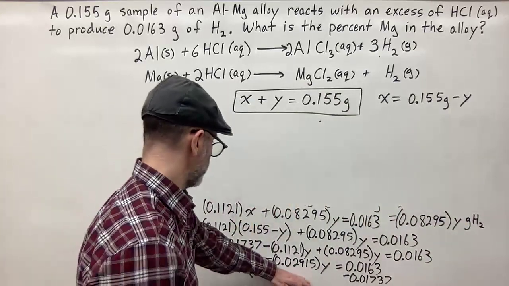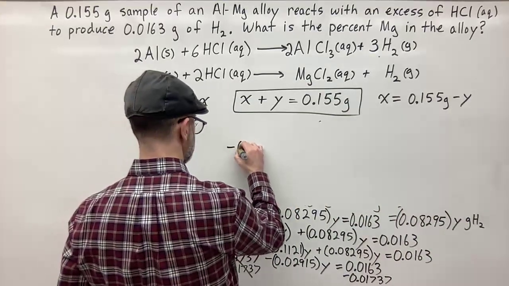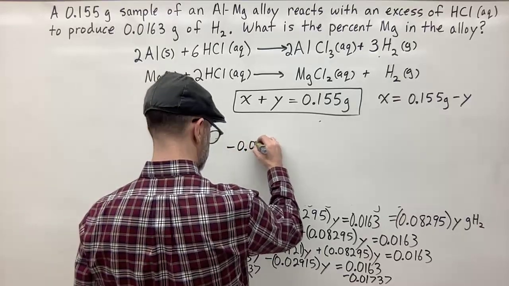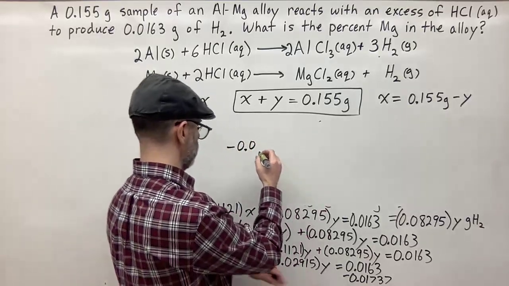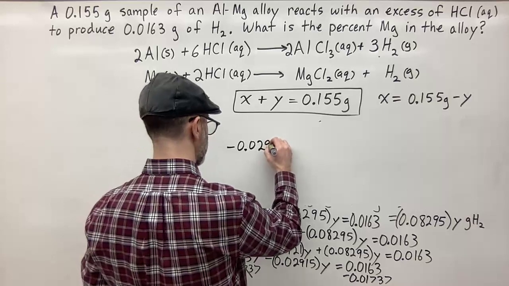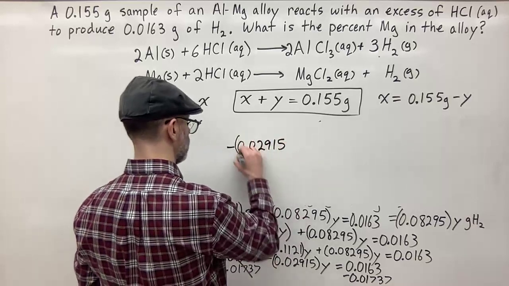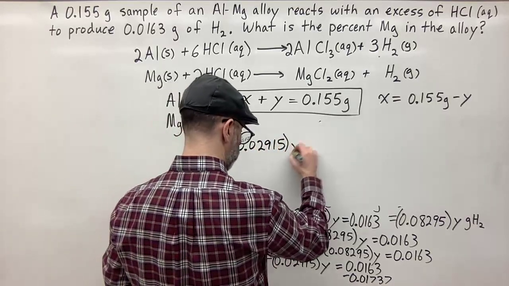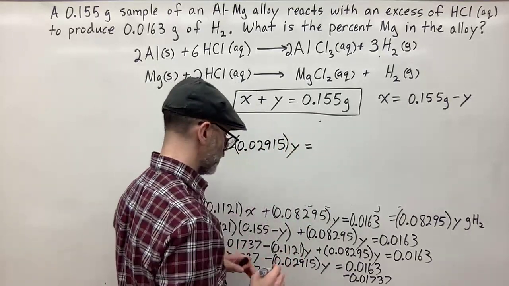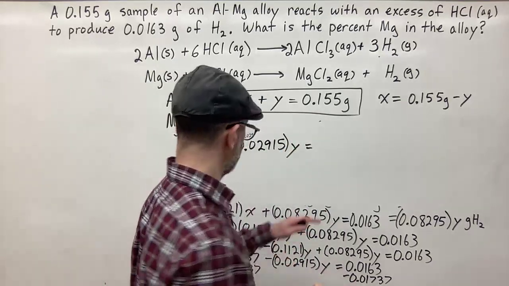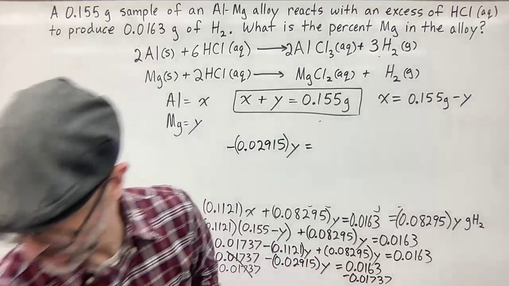So I have here negative 0.02915Y, and this is going to be equal to, what number did I get?